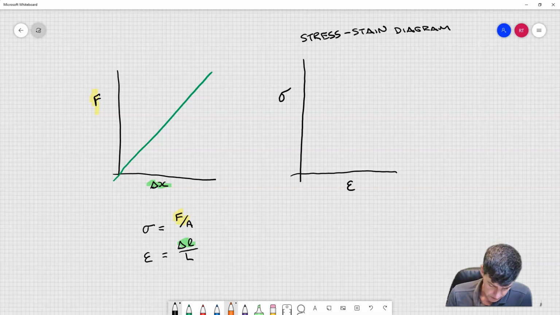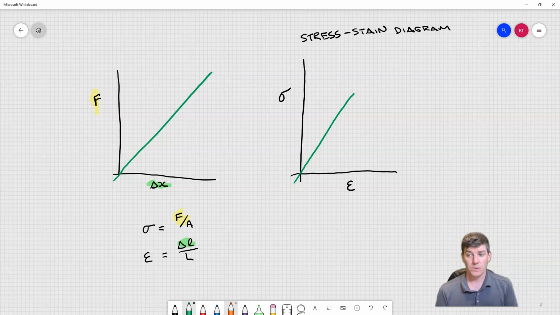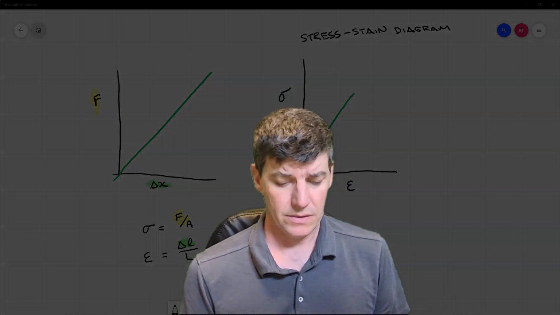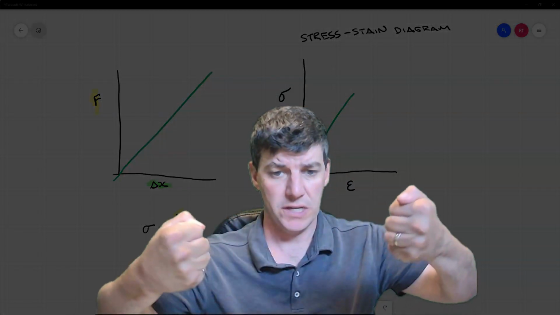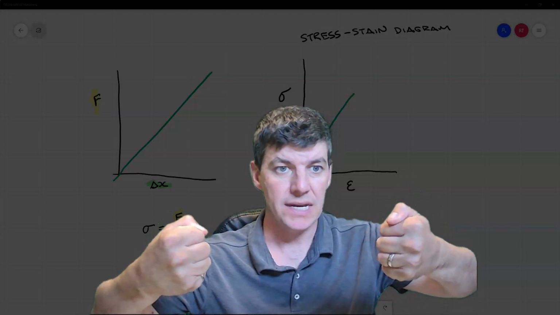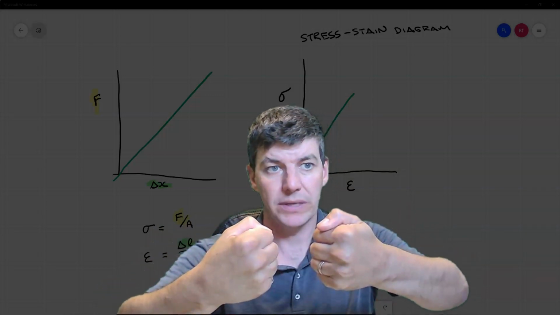And for a general material, our stress strain diagram is going to look like this for a while. So in a point where our material is spring-like, we stretch it, and when we release that tension, it goes back to its normal point.